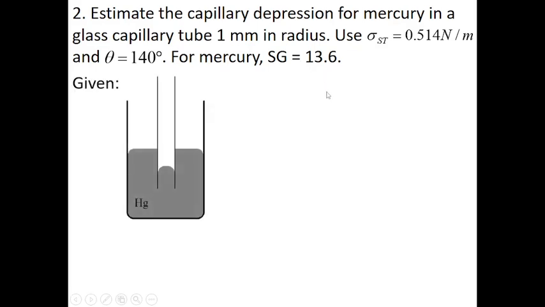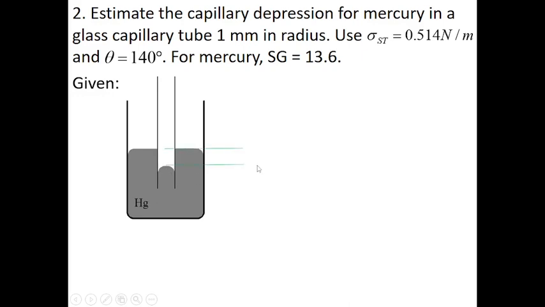So let's analyze. This is mercury and there is a capillary tube, and there is capillary depression. The mercury goes down in this part of the tube.